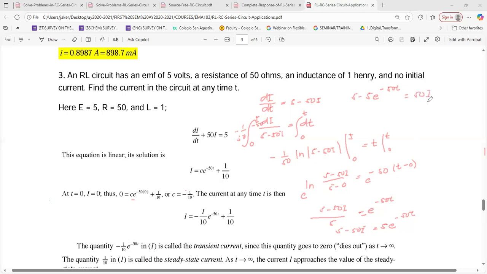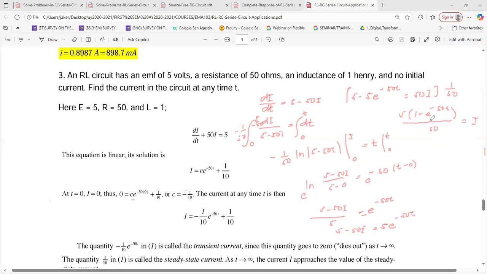I have now isolated the I here. So if I divide by 50, that's equivalent to multiplying by 1 over 50. So you have 5 and 5 here, which could be factored out: 5 times 1 minus e raised to negative 50t. That should be divided by 50, and you have the current I here.